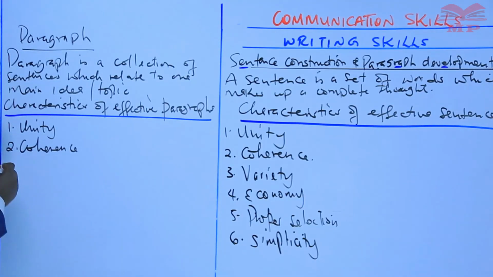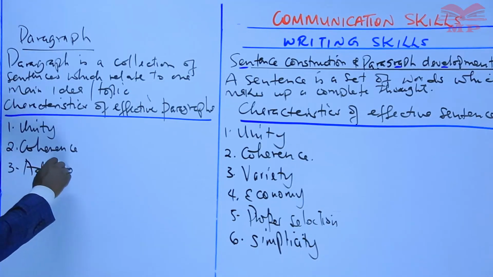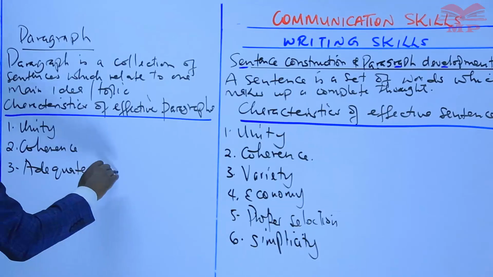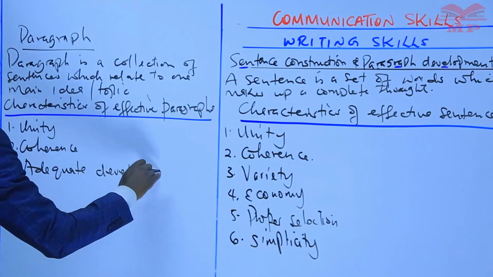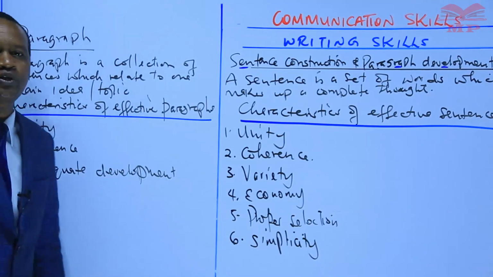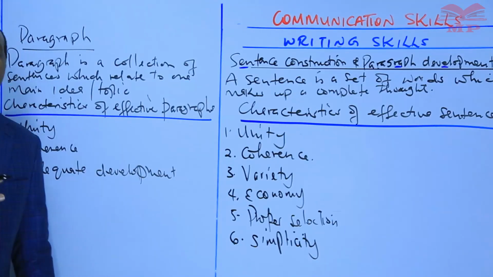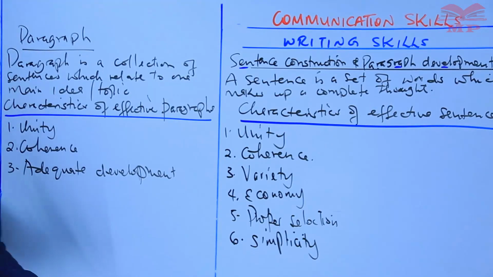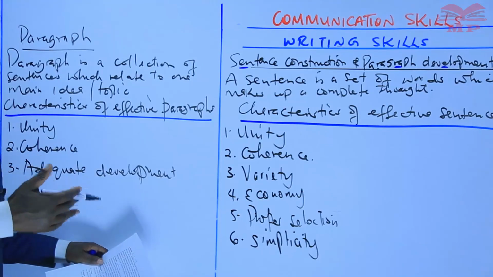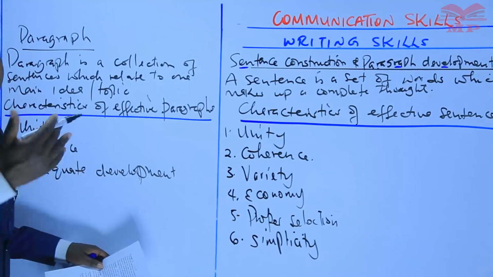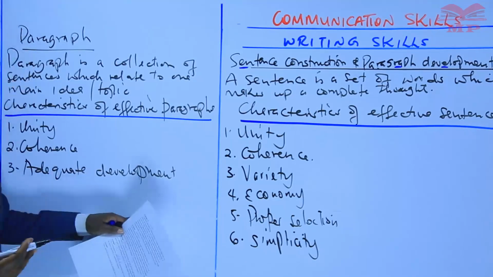The third characteristic is that of adequate development. Adequate development. Now, candidate, a paragraph is adequately developed when it describes or explains and supports the topic sentence.